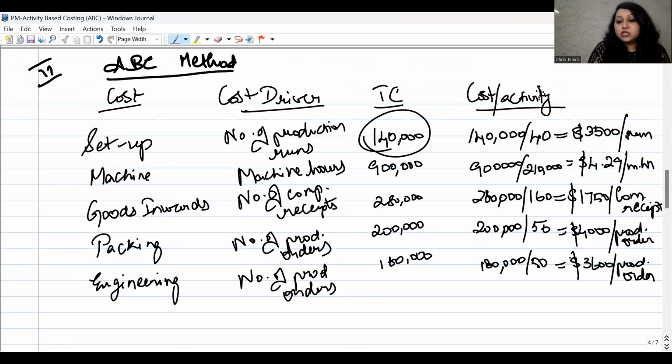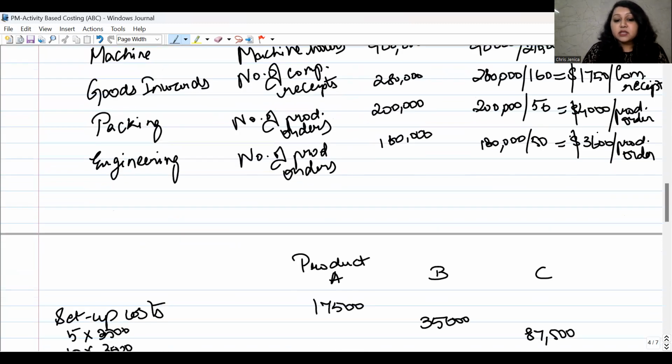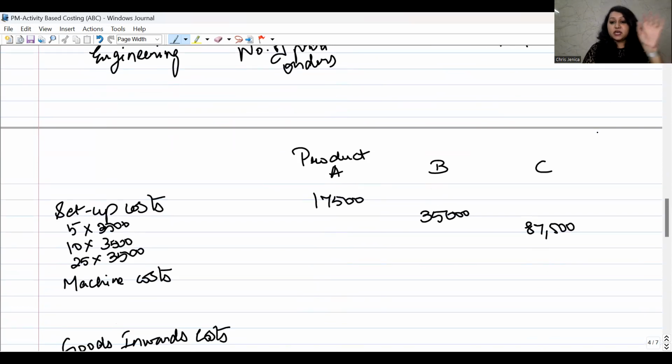Now you found out the per production run cost, then multiplied with the number of production runs each product utilizes, and allocated that cost based on the number of production runs. So we have allocated the 140,000 into 17,500 for product A, 35,000 for product B, and 87,500 for product C.